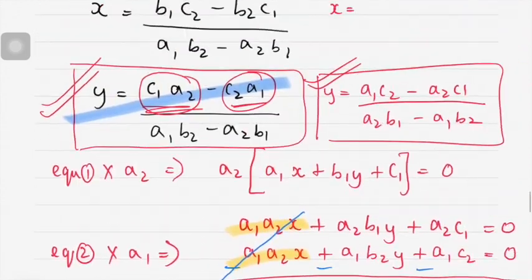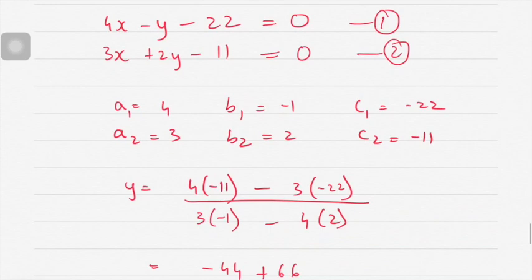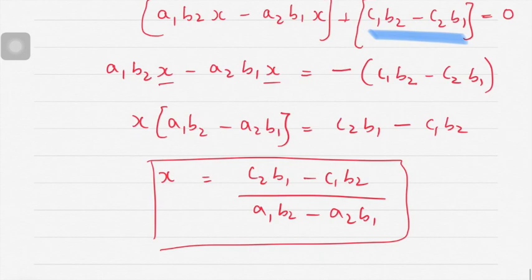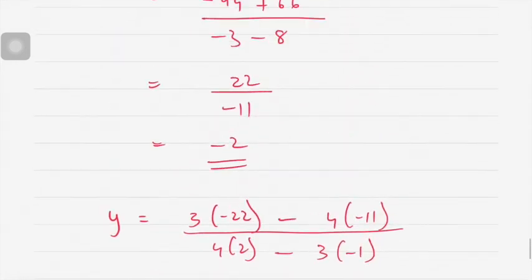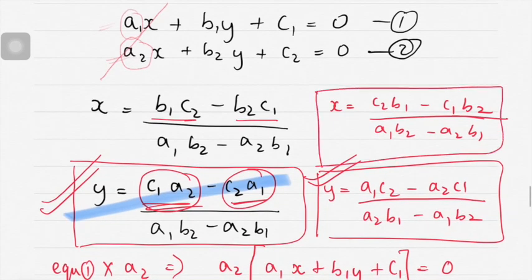X is equal to C2B1 minus C1B2 upon A1B2 minus A2B1. I got the same one.